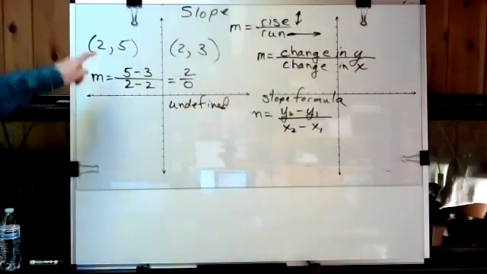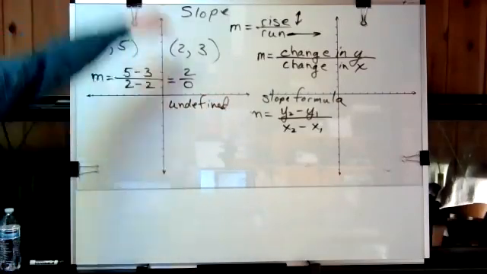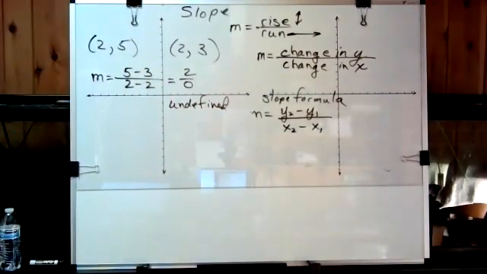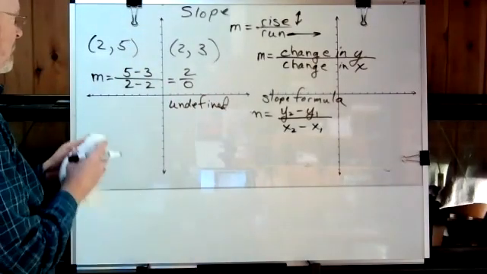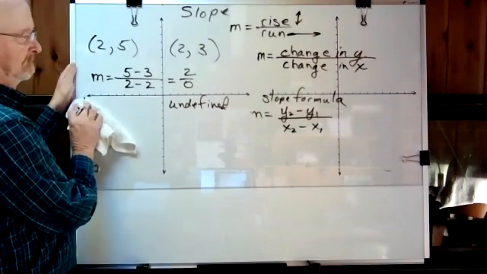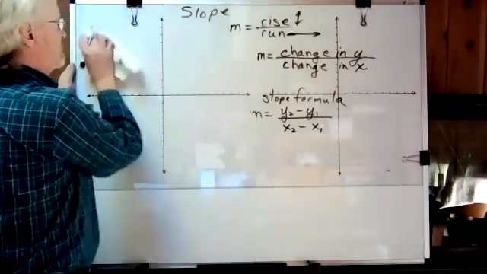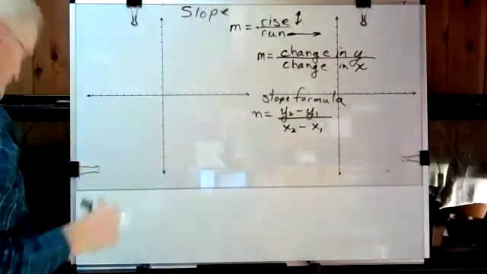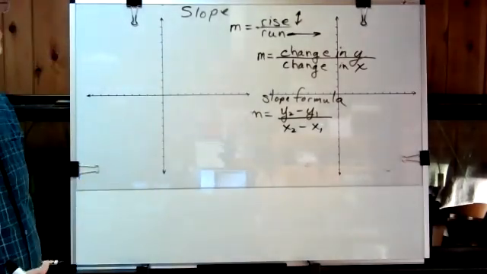A vertical line where x is always 2. Now I've used a whole bunch of positive numbers in my points, but it really doesn't matter.